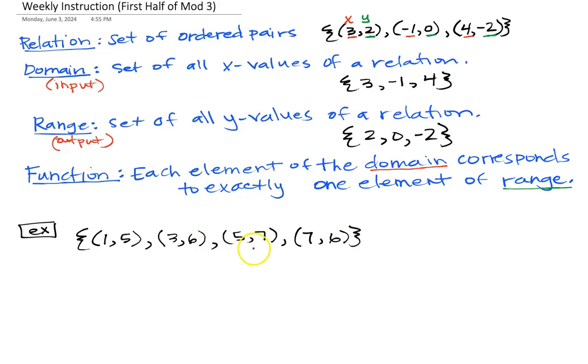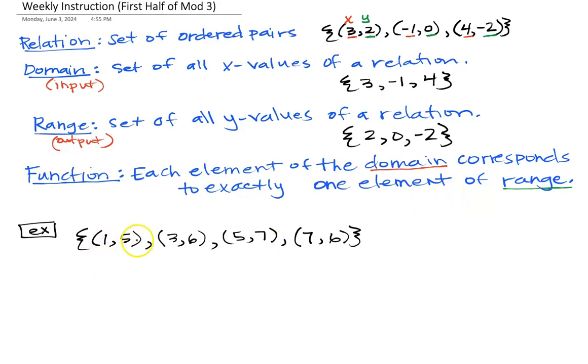All right, and so usually I'll ask students, do you think this is a function or not, given that definition, that each element of the domain corresponds to exactly one element of the range, right?